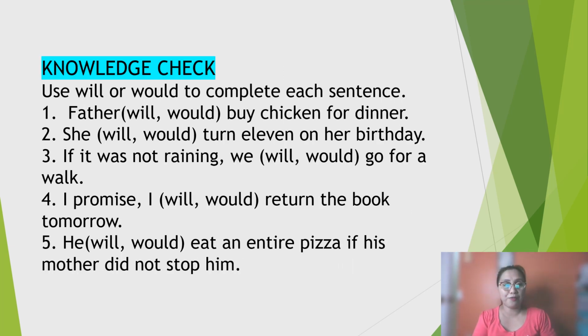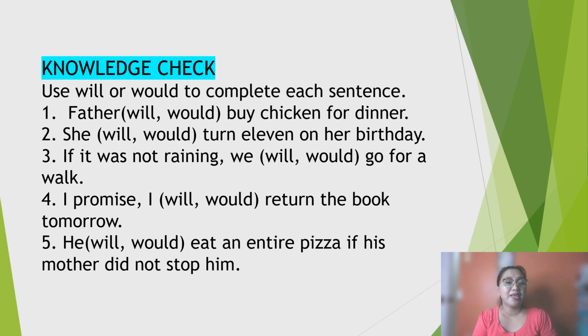Now let's see how far have you learned. Okay, you use will or would to complete each sentence. Okay, number one, Father blank buy chicken for dinner. Okay, Father will buy chicken for dinner. Number two, she would turn 11 on her birthday. She will turn 11 on her birthday.